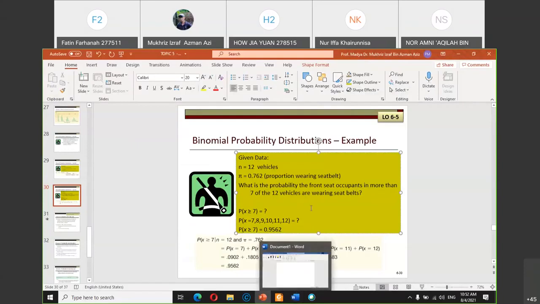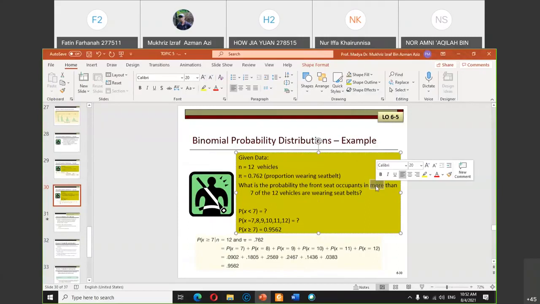Okay, so having said that, whichever direction, for example, if we change this one to, let's say, less than 7. What is the probability the front seat occupant in less than 7 of the 12 vehicles?